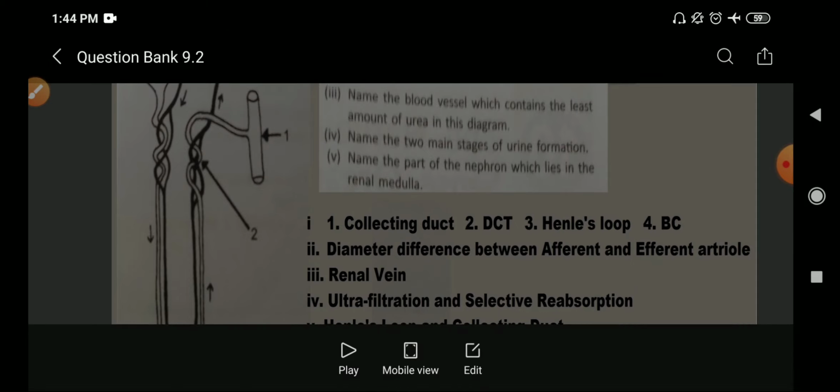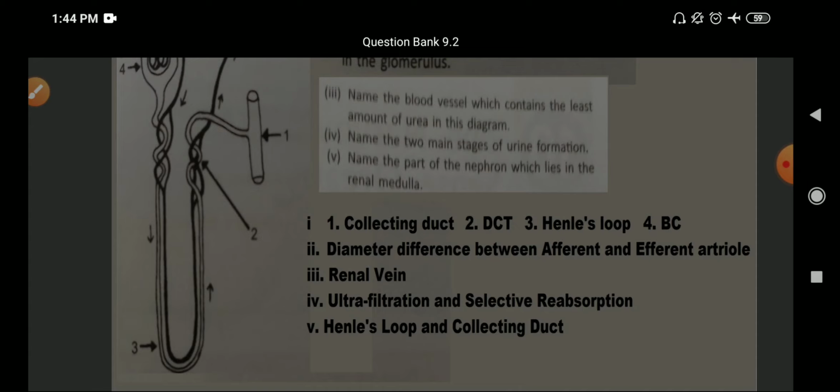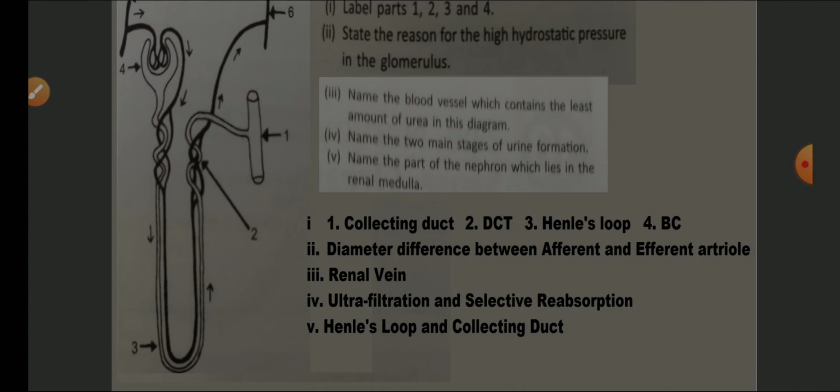The stages of urine formation are ultrafiltration and selective reabsorption. The parts of the nephron that lie in the renal medulla are Henle's loop and collecting duct.